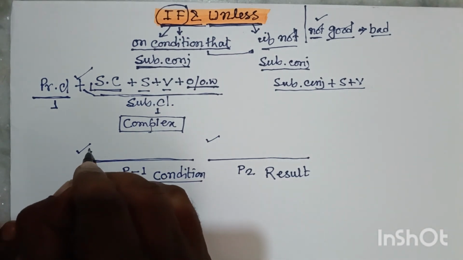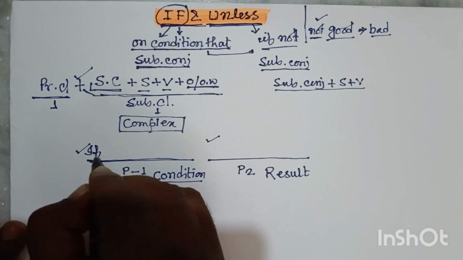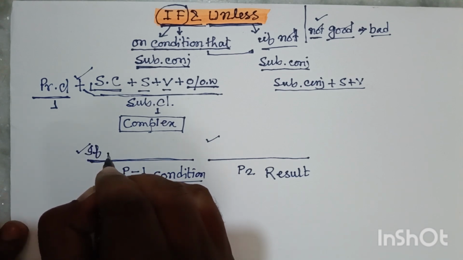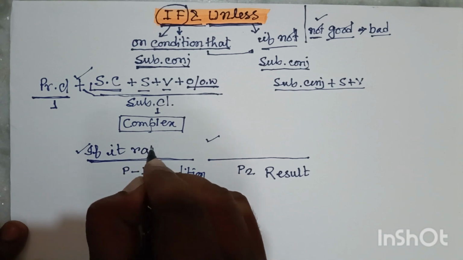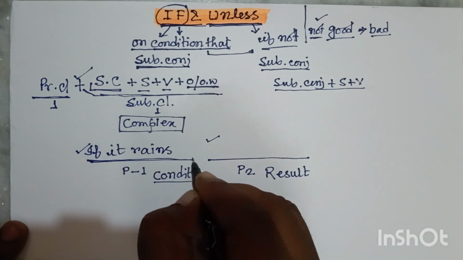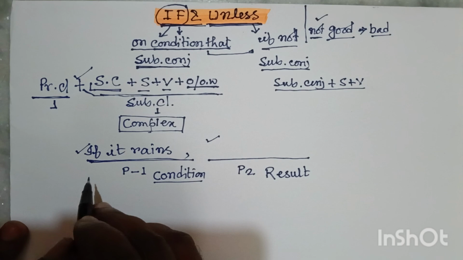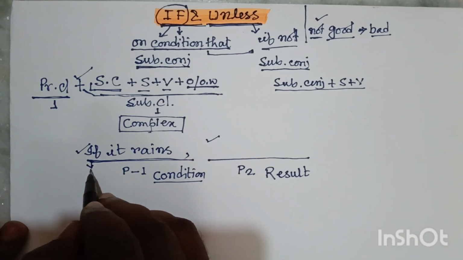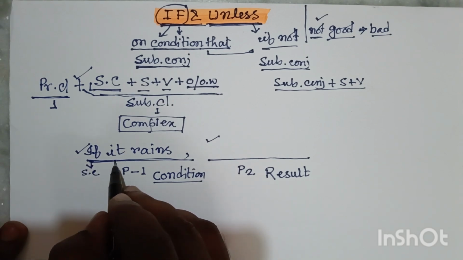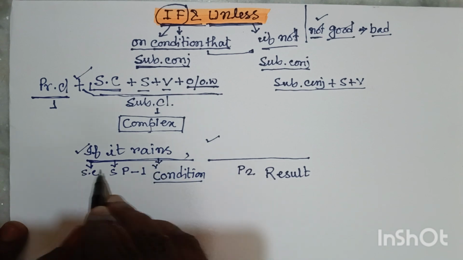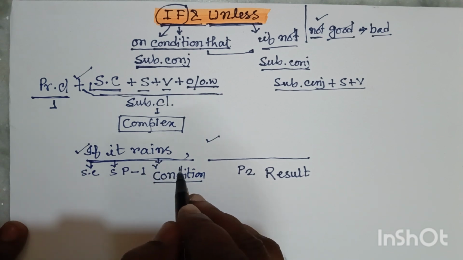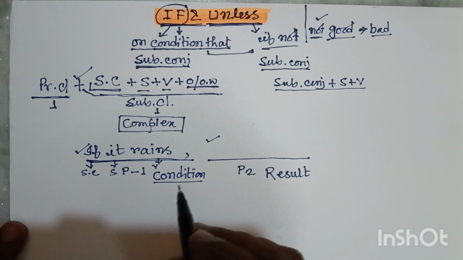Suppose you are saying, if it rains, if it rains, then put down a comma because if is a subordinating conjunction, it is the subject, and rains is the verb. So this condition part is done.